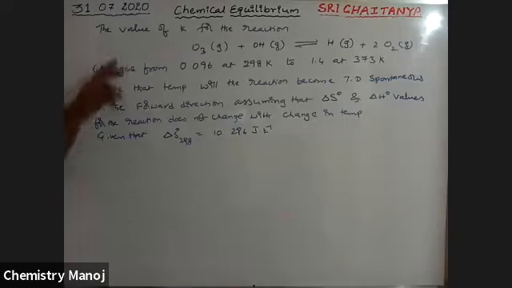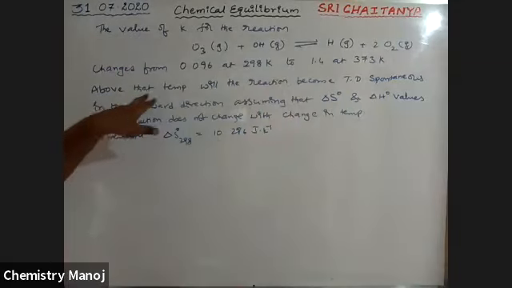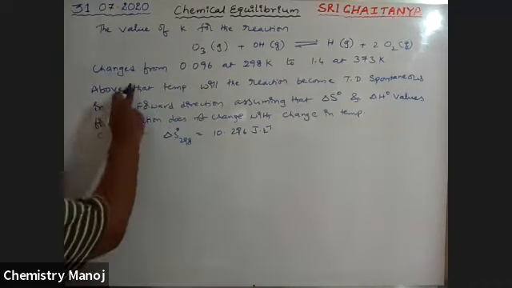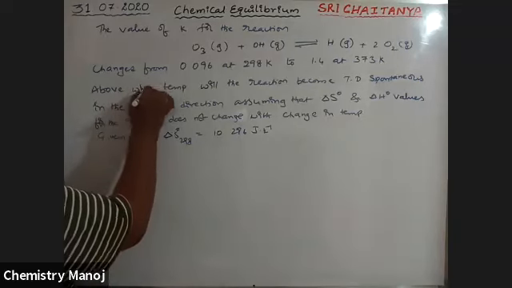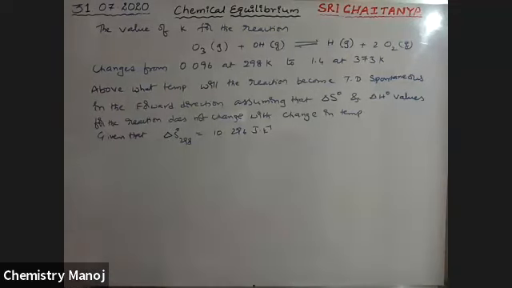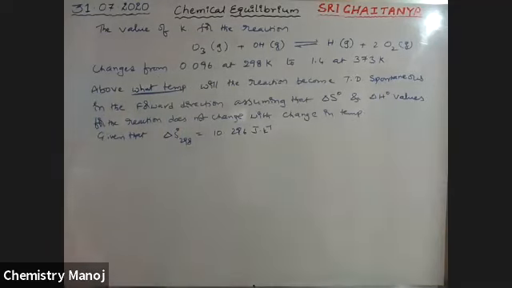The value of K for different temperatures is given to you. Above what temperature will the reaction become thermodynamically spontaneous? That means you want to find out the temperature condition.